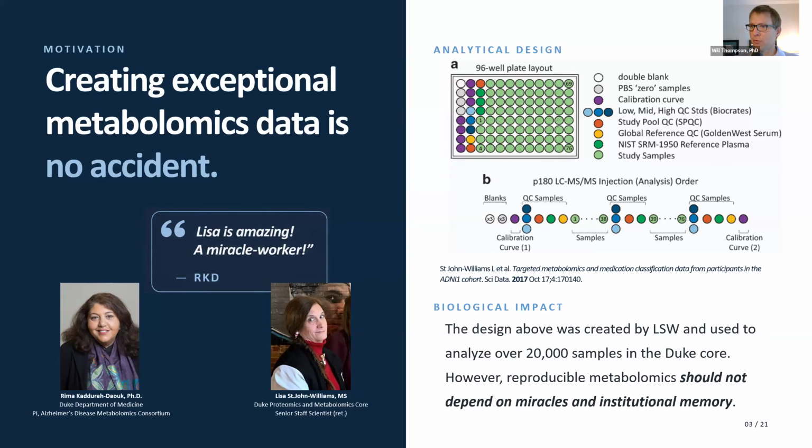The two of those people who are really important in my career are highlighted here. The first is Rima Kaddurah-Daouk. She was a PI at Duke School of Medicine and the PI of the Alzheimer's Disease Metabolomics Consortium. And as many of you know who do this kind of work, the analytical chemists really need great champions and great collaborators, great people with big clinical visions. And Rima represents one of those many people that I was fortunate to work with.